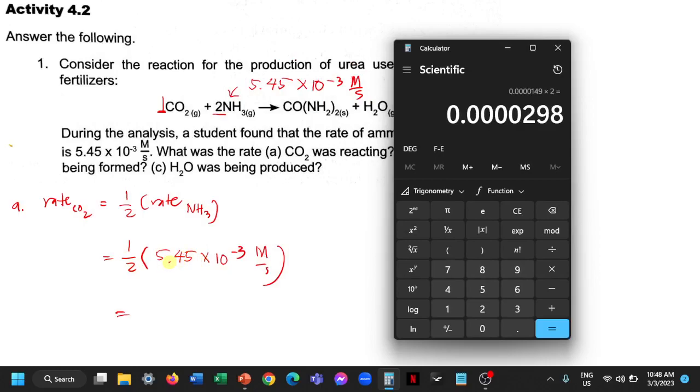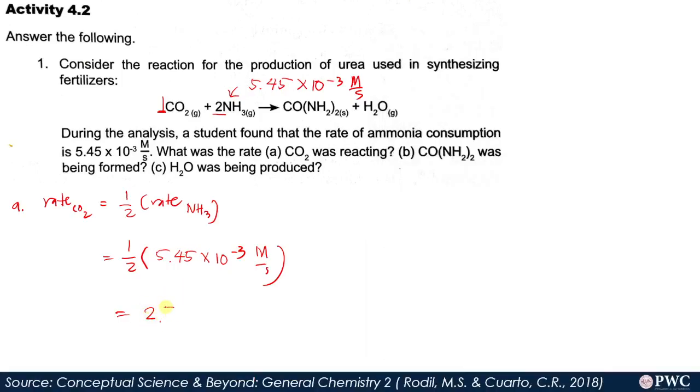So that's 5.45 divided by 2, because again that's times 1/2, is equal to 2.73 with 3 significant figures. 2.73 times 10 to the power of -3 molar per second. That's the rate of the CO2 reacting.